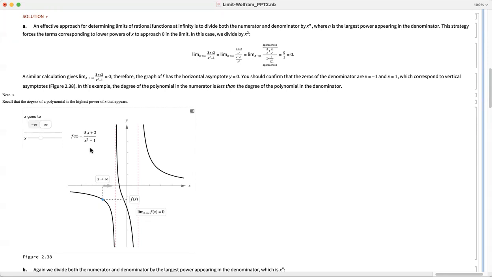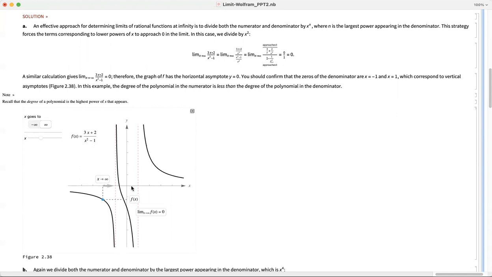So negative over positive is what? Negative. So the sign of f of x must be negative as x approaches negative 1 from the left hand side, and the fraction approaches negative infinity, not positive infinity.